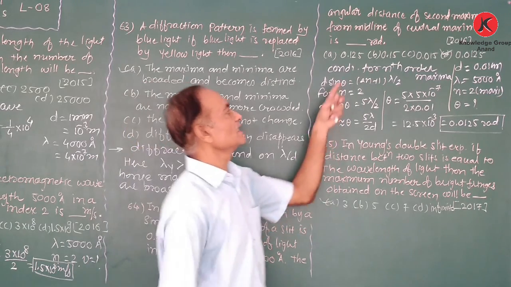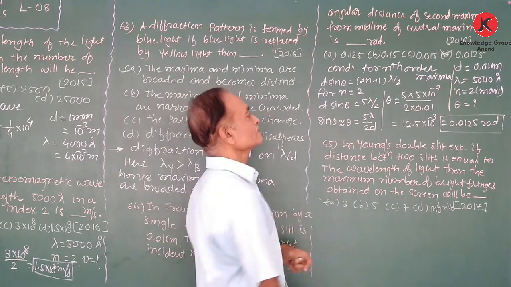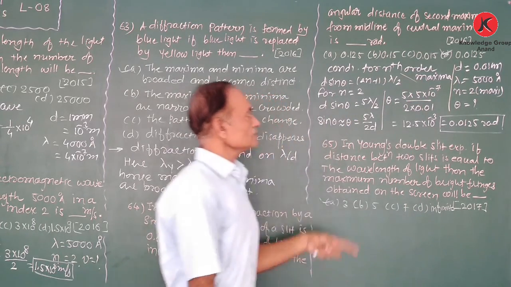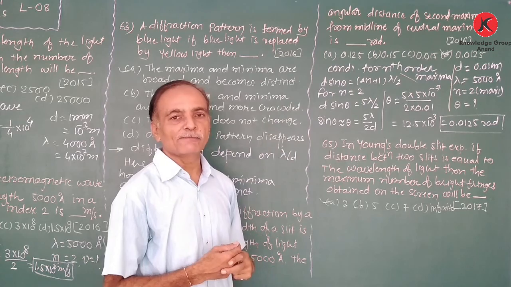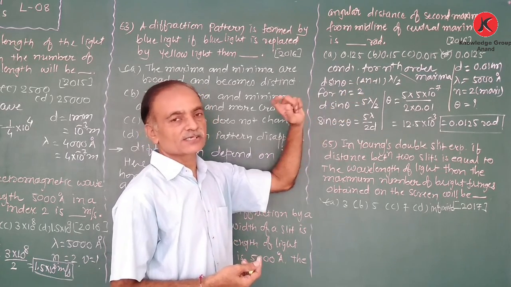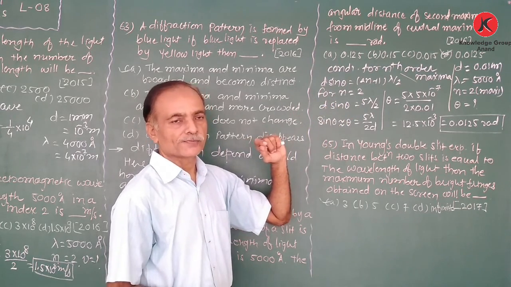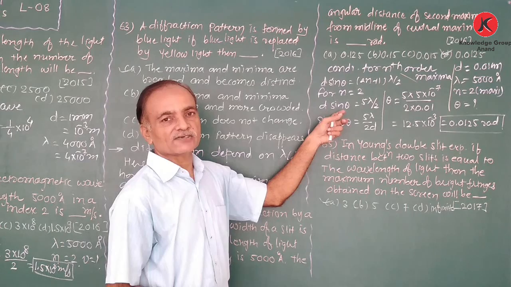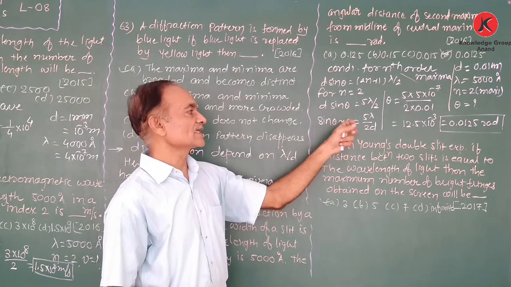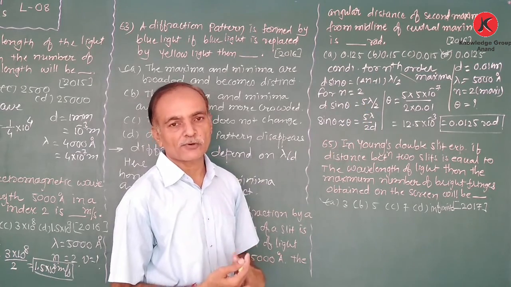For that purpose, we use the condition for nth order maxima: d sin theta is equal to (2n plus 1) into lambda by 2. Here second order maxima is given, therefore n is equal to 2, so d sin theta is equal to 5 lambda by 2. We require sin theta or theta. Therefore, sin theta is approximately theta, the angular width, equal to 5 lambda upon 2d.